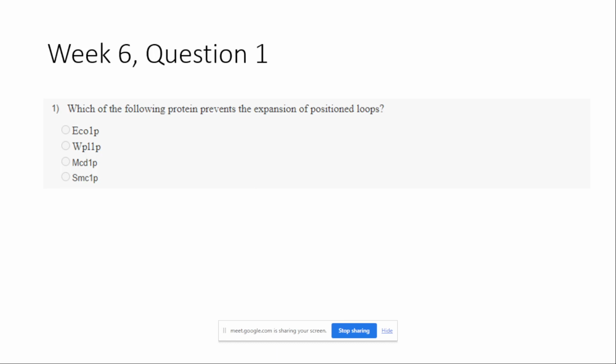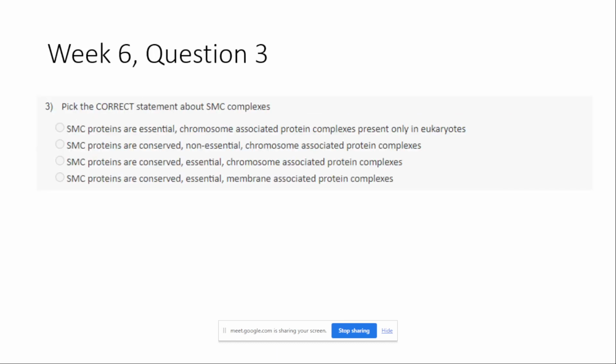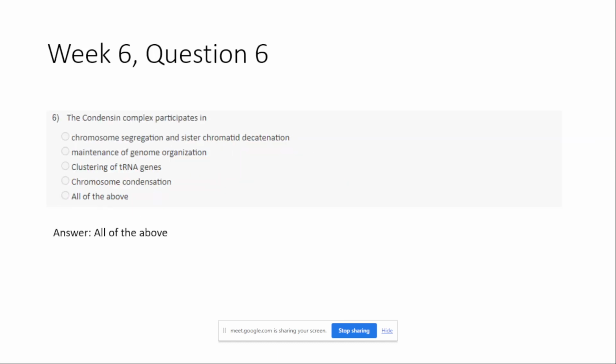So if we want to deload the cohesin from the chromosome, then we need to prevent this expansion of the positioned loops. There are many options: ECO1, WPL1, MCD1, SMC1. WPL1 is responsible for deloading the cohesin complex from the chromosome. I will now discuss what WPL1 actually does.